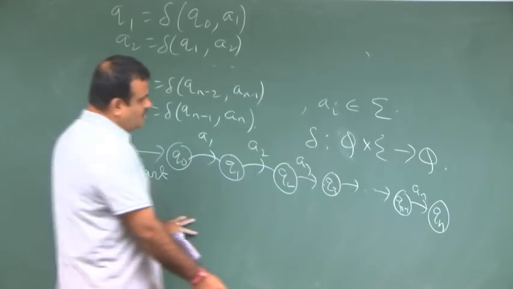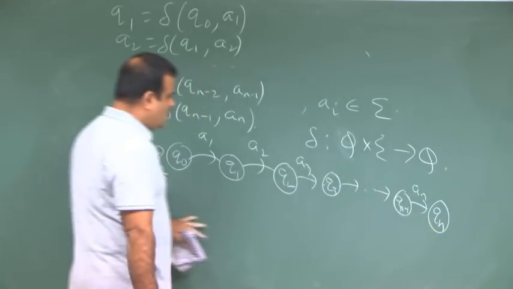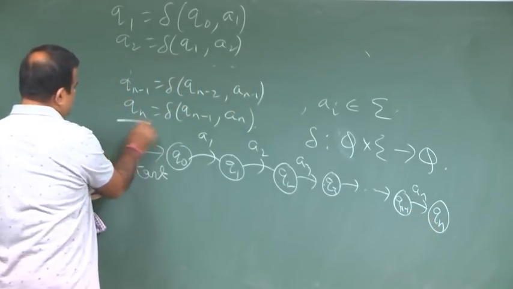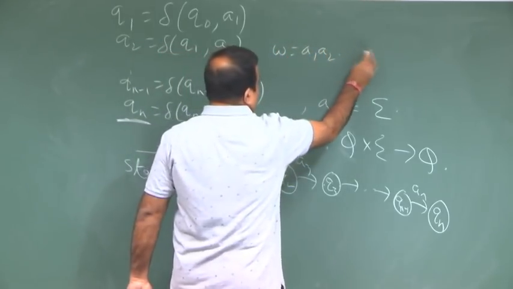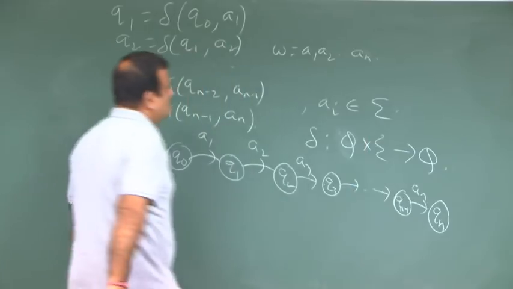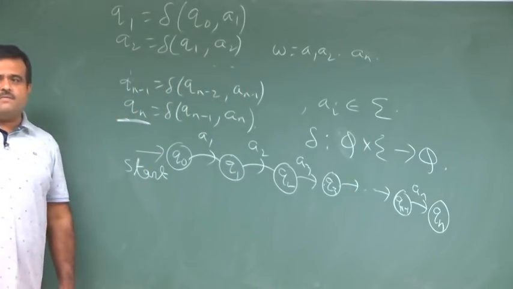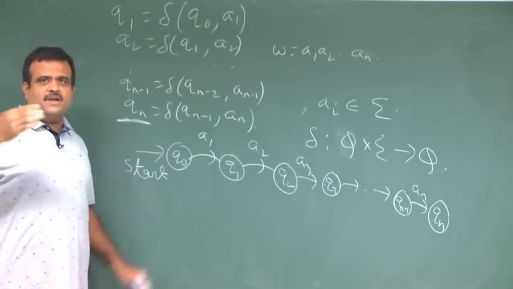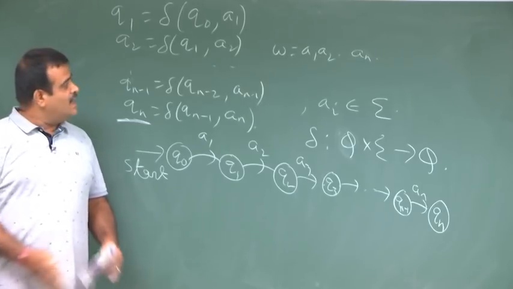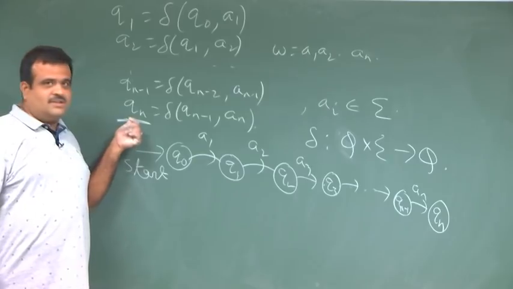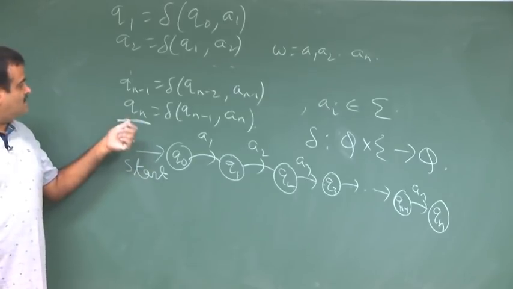Now, it has reached a state qn. After reading the symbols A1, A2, up to An, we start from q0, we keep on reading and changing the state based on the rule delta, and at the end suppose it reaches the state qn.